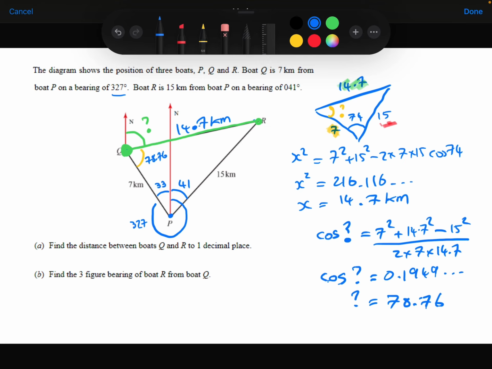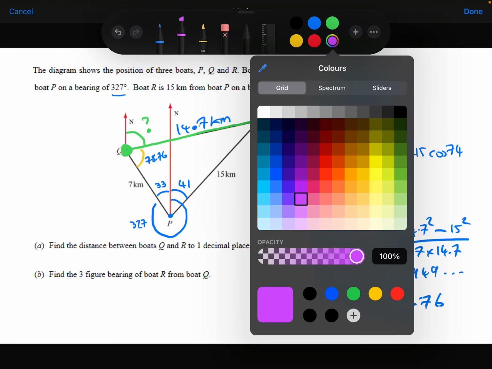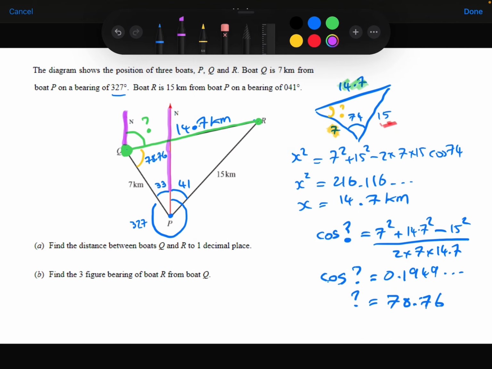Right, how can I use that to help me to work out the bearing then? Well, whenever we've got these parallel lines, I also have co-interior angles. So I know that this angle here and this angle here add up to be 180.